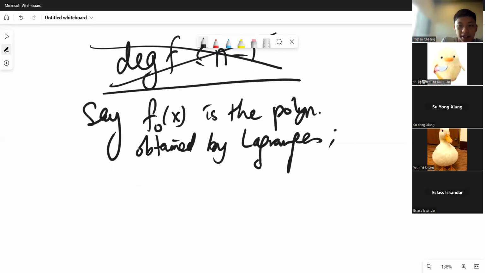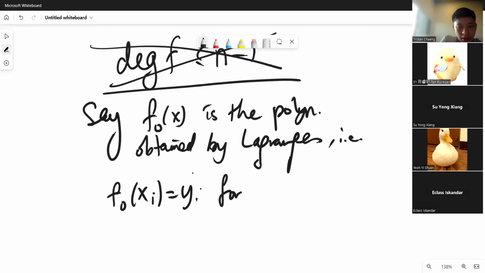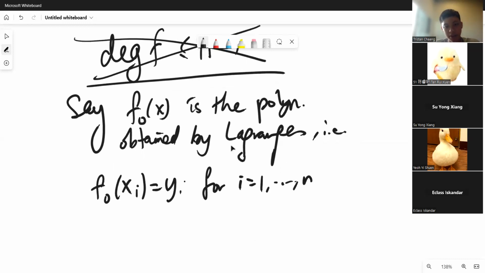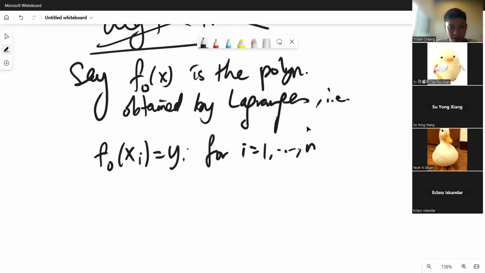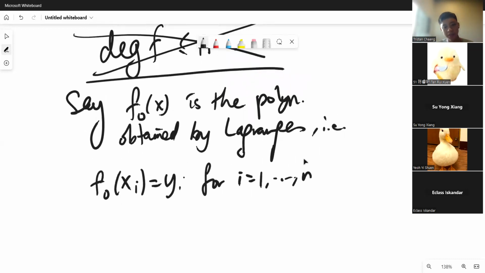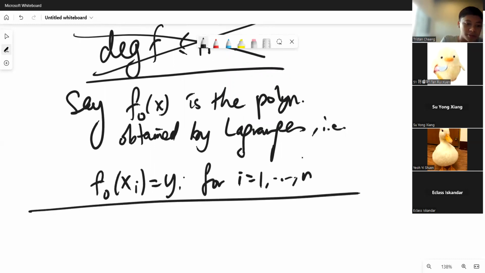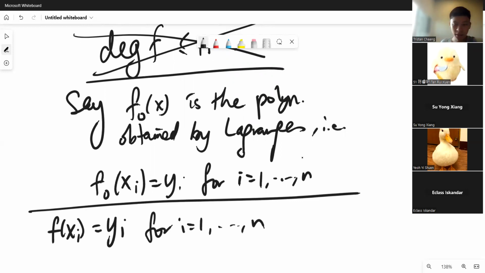So f naught(x_i) equals y_i for i equals 1 to n. So f naught is the answer that you get by using Lagrange interpolation. How about the other polynomials that satisfy this? So if f(x_i) equals y_i for i equals 1 to n, can we relate this f with f naught?